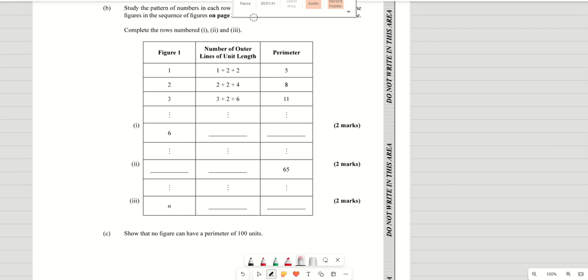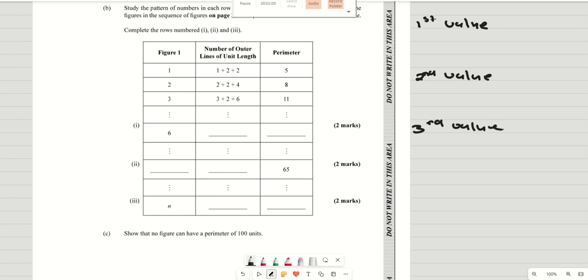So when you see a question like this, I would say always find the formulas first and then work backwards. If you look for the number of outer lines in the unit length, look at the first values, the second values, and your third values.